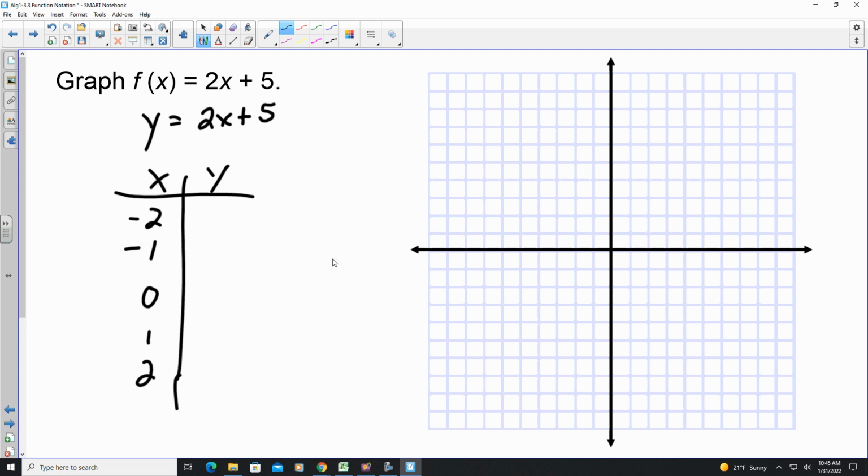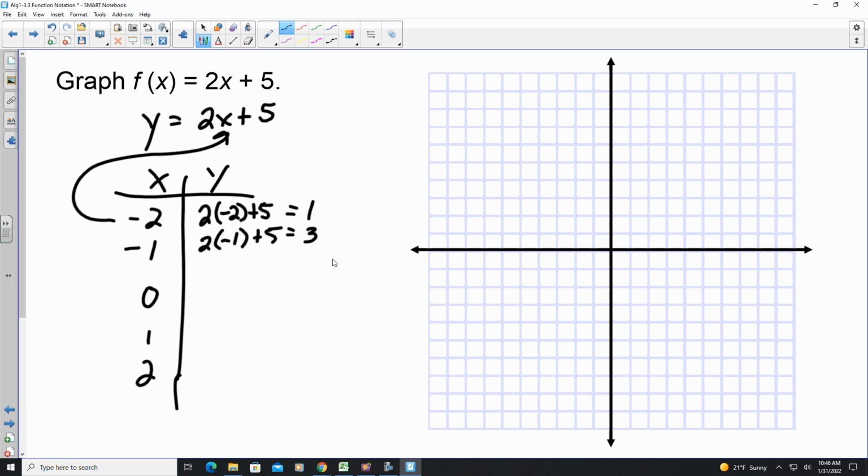So here I got 2 times -2 plus 5. This is just me inserting that value into there. That gives me -4 plus 5, which is 1. I got 2 times -1 plus 5, which is -2 plus 5, giving me 3.